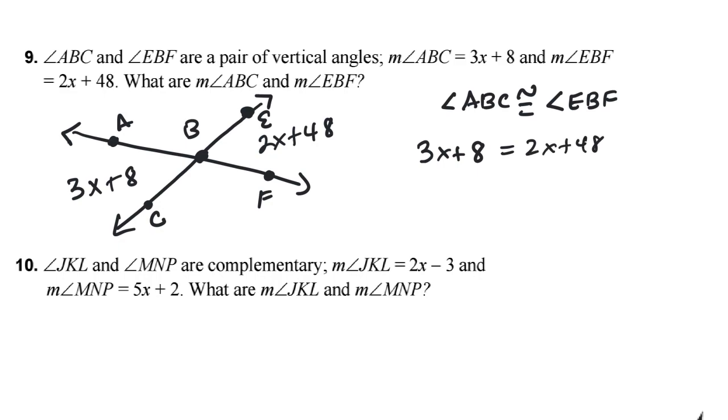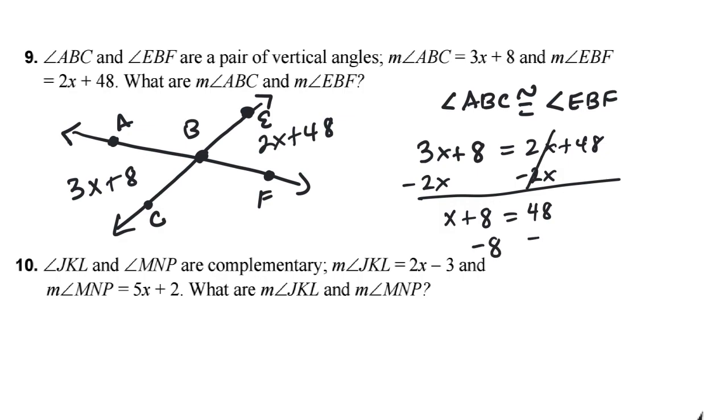What I'm going to do is solve for x, and then I'll go back and substitute it to get our angle measurement. So we're going to subtract 2x from both sides. So you have 3x minus 2x, which is x, plus 8 equals 48. Subtract 8. So you have x equals 40 degrees, or 40. I want to say 40.